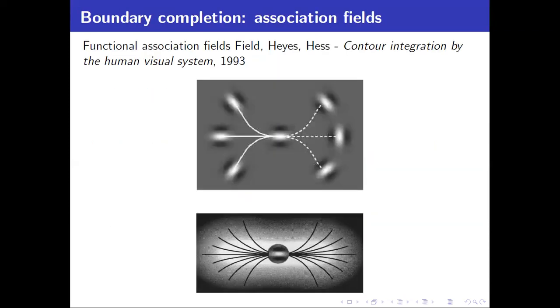Okay. So I'm trying to say that if I give you these two directions, you can imagine a curve joining them, right? But if I give you these two, you don't complete, right? So it shows you, the dotted ones, that human beings will not say there is a line. You don't say there is a strange line going around.